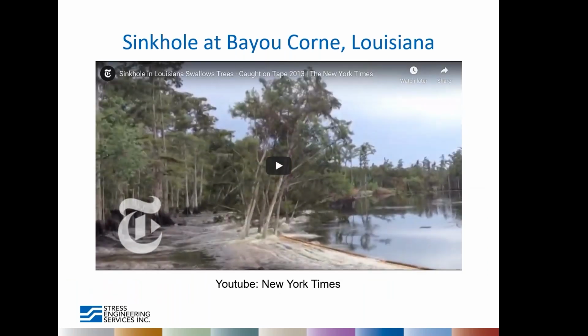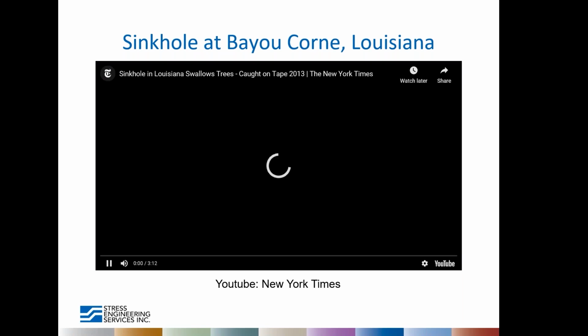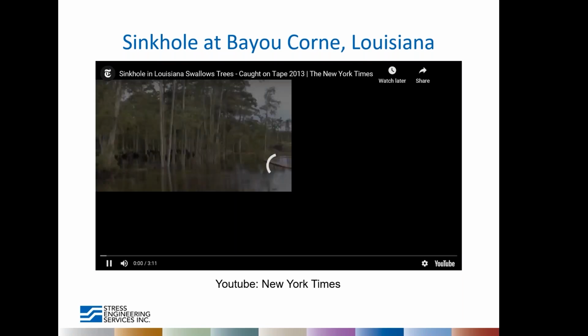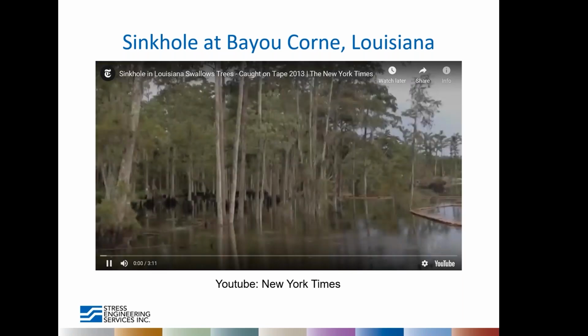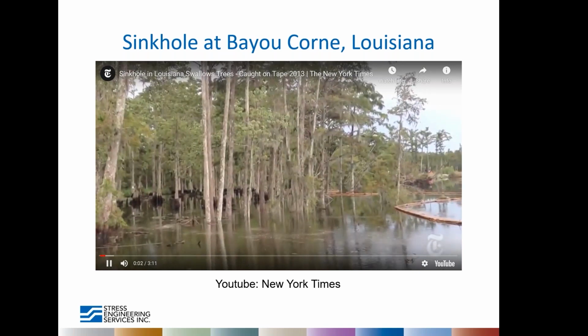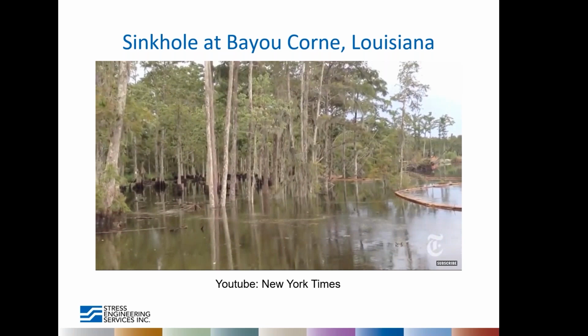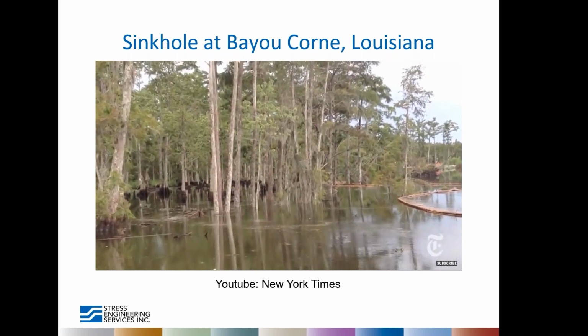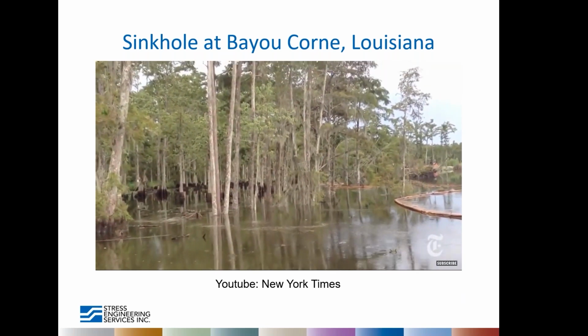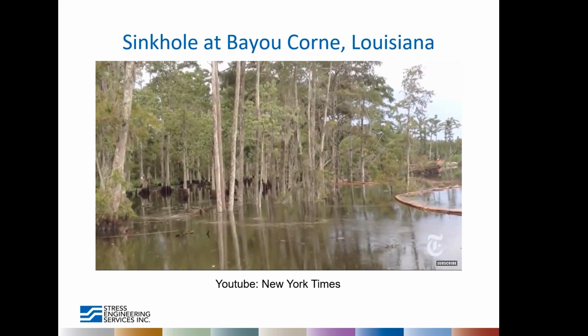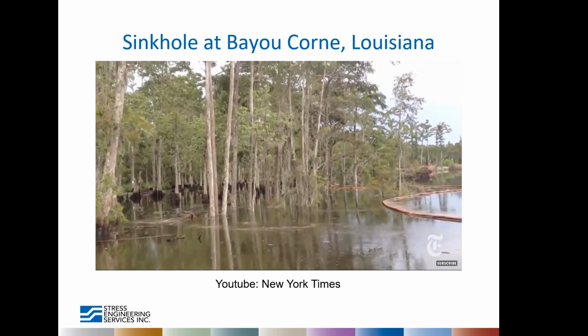Another area that has been subject to a lot of sinkhole formation recently is in Louisiana. In Bayou Corne, Louisiana, a sinkhole formed because they were doing salt mining, and the edge of the salt mine started to collapse, leading to a large sinkhole formation, and the sinkhole has been spreading over time.